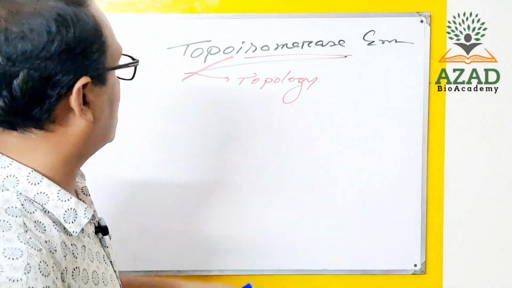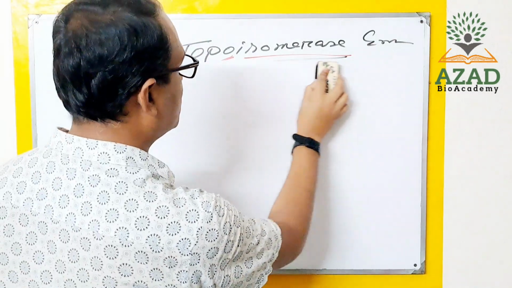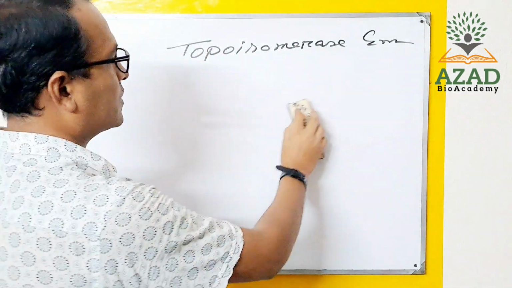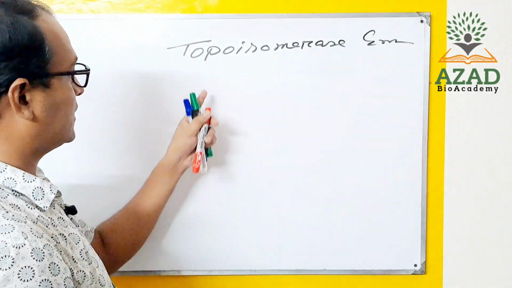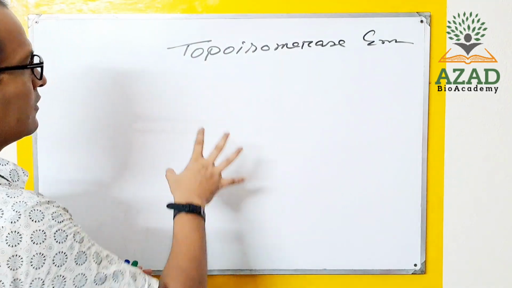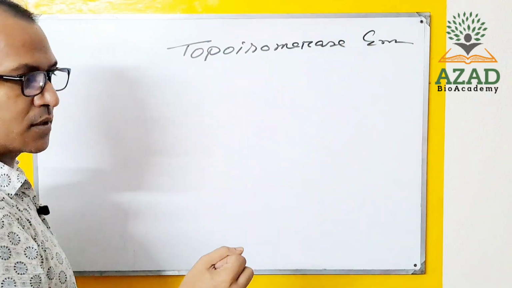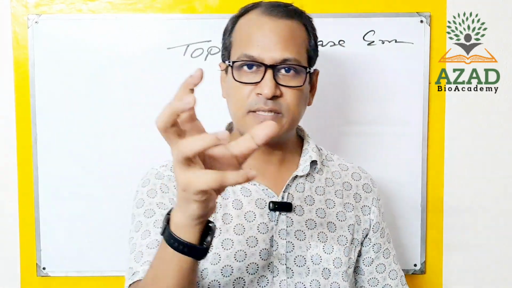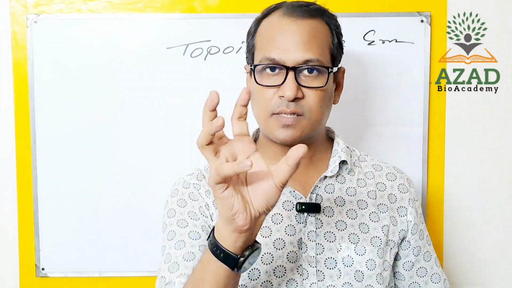So now come to the point, the topoisomerase enzyme. As I already said, it works on the structural changes of the genetic material. So before going to the topoisomerase, you must know about the basic structure of the genetic material, that is DNA.